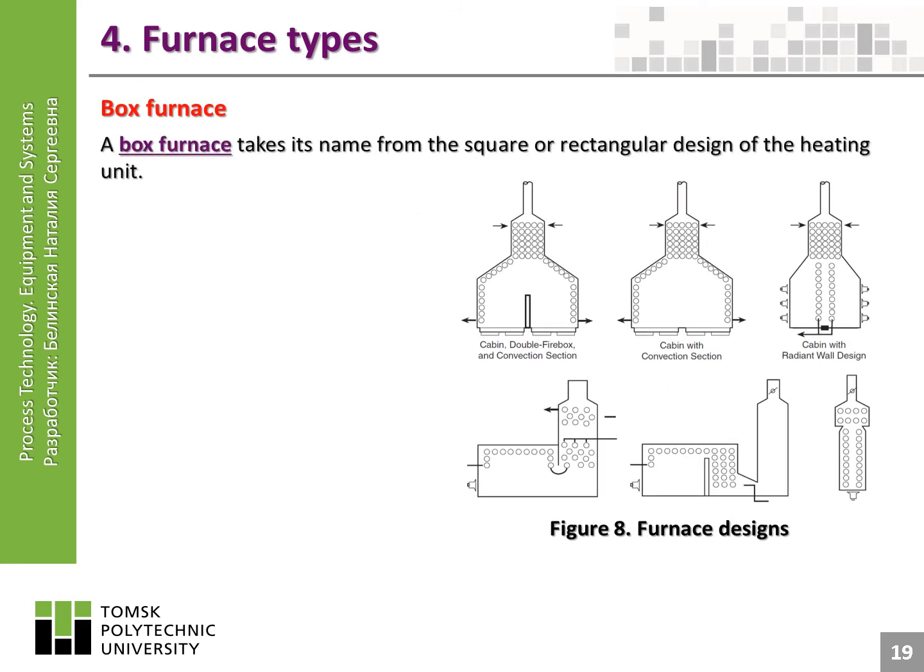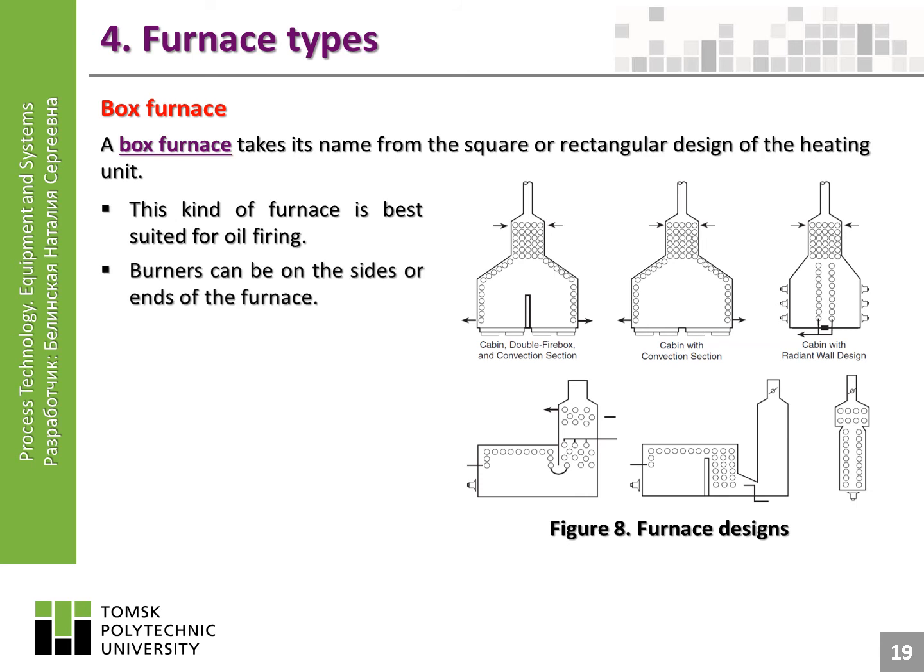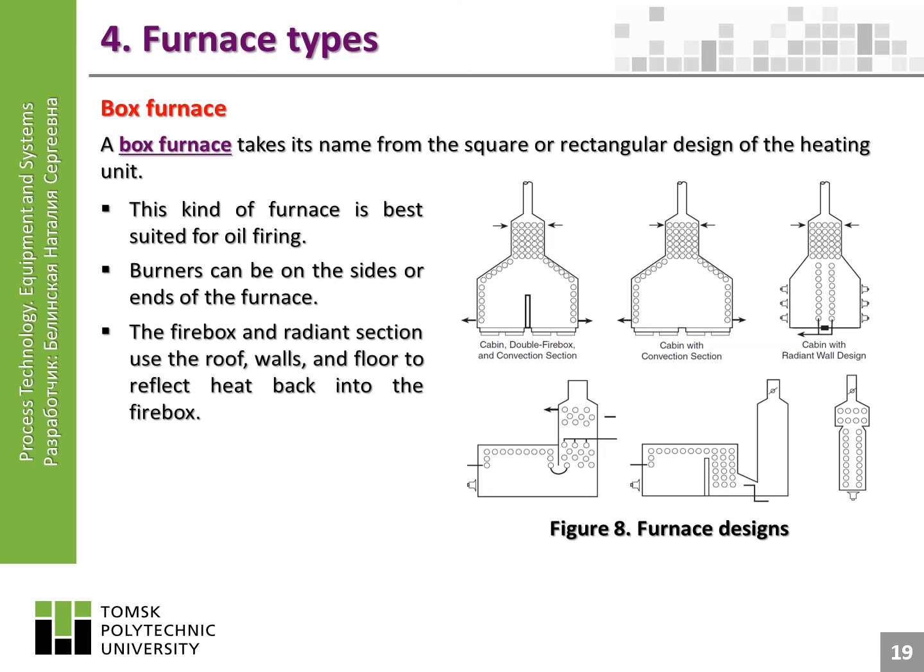A box furnace takes its name from the square or rectangular design of the heating unit. This kind of furnace is best suited for oil firing. Burners can be on the sides or ends of the furnace. The firebox and radiant section use the roof, walls, and floor to reflect heat back into the firebox.